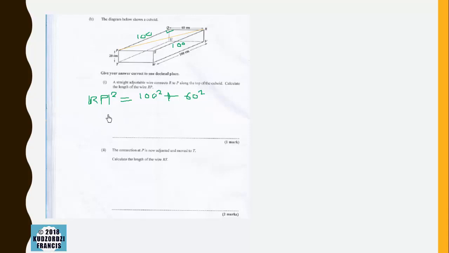So this will be equal to 10,000 plus 3,600. So this will be equal to 13,600.